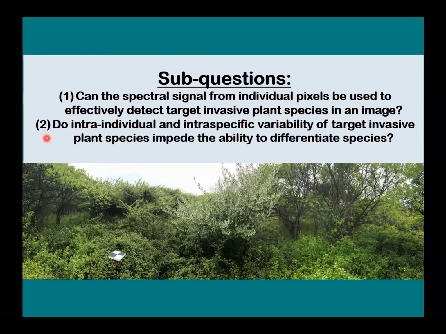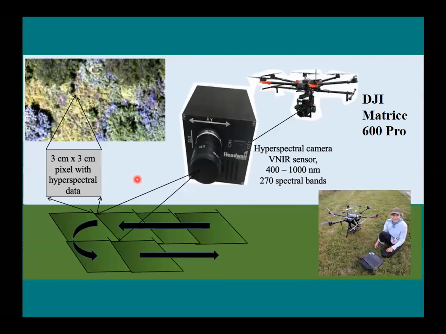On the flip side, is there too much intra-individual variability or intraspecific variability, so variability in spectral signatures within a species, to be able to identify that species and differentiate it from other species? So that's the goal of this.